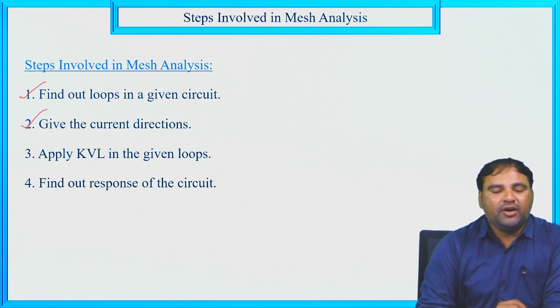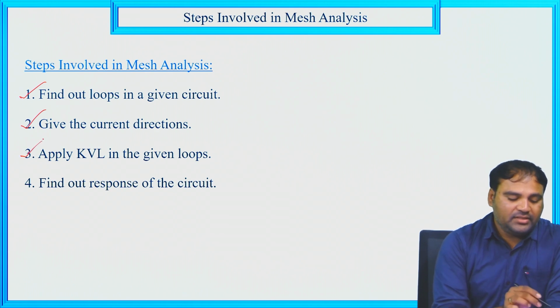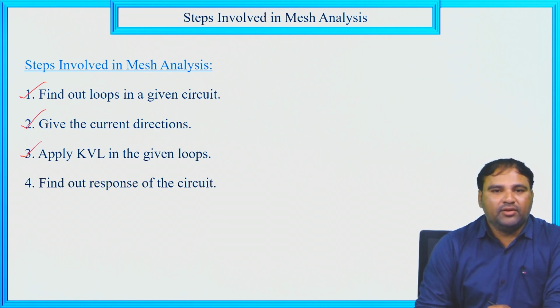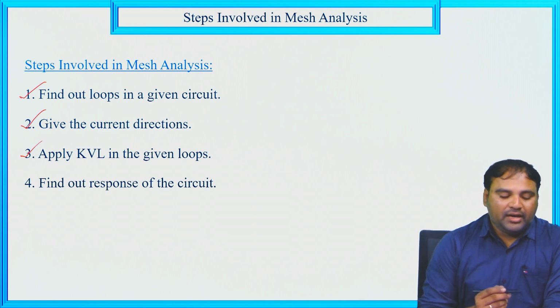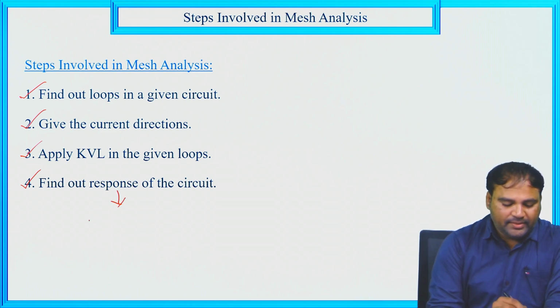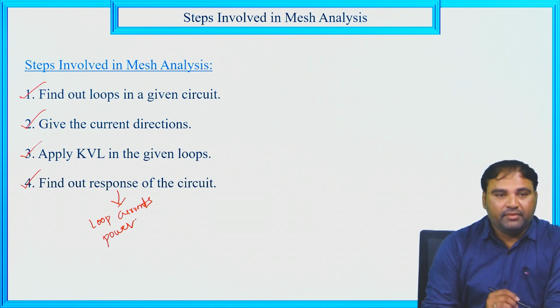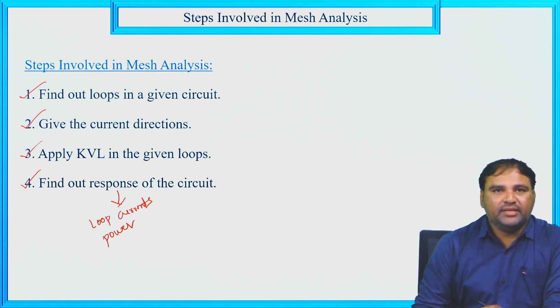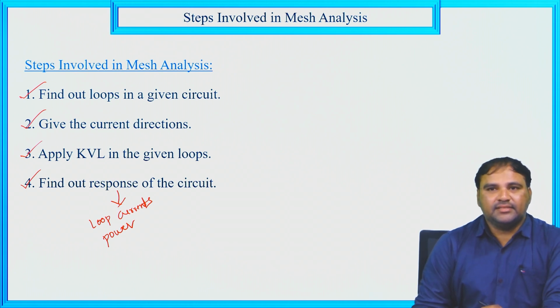After that we apply Kirchhoff's voltage law in loop 1 and loop 2 or loop 3. After that we find the response of the circuit, which is nothing but the loop currents and power through each and every element. These are the steps involved in mesh analysis.